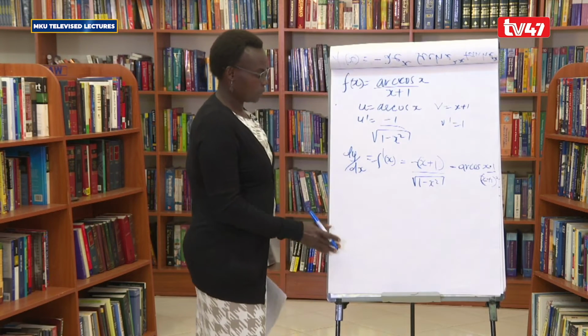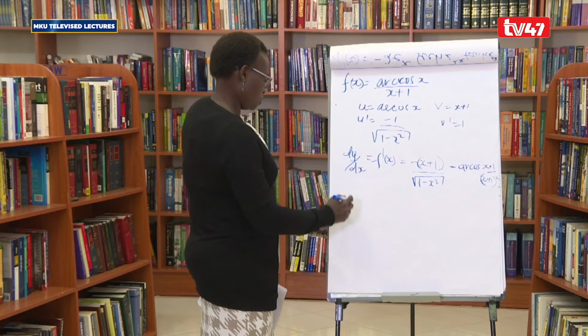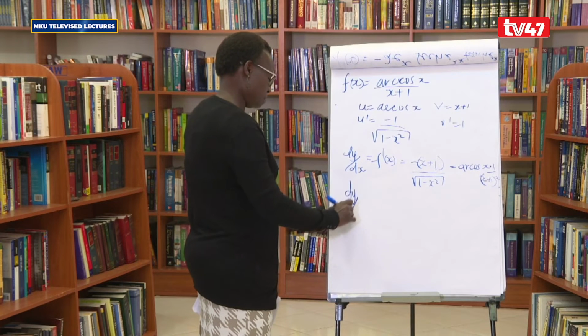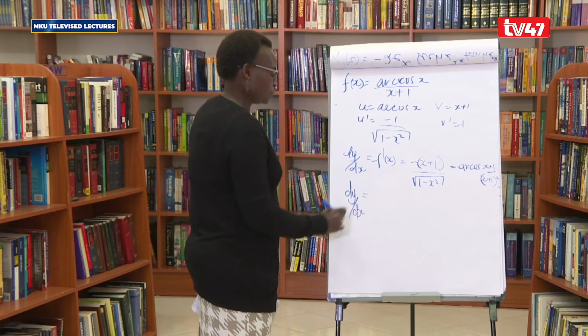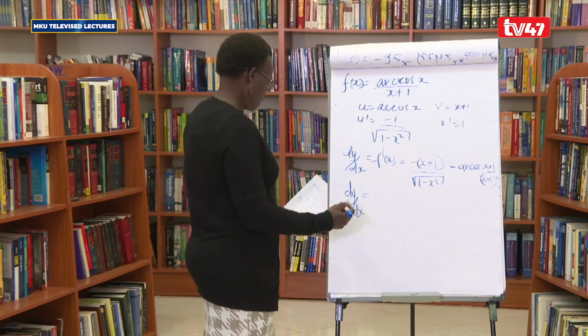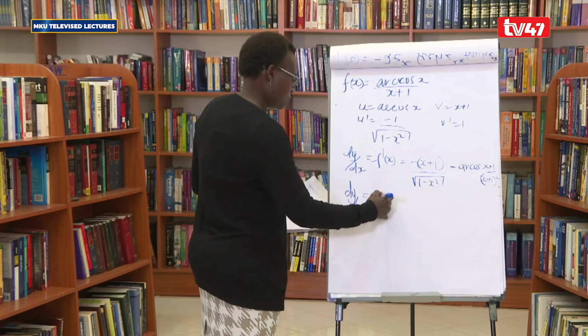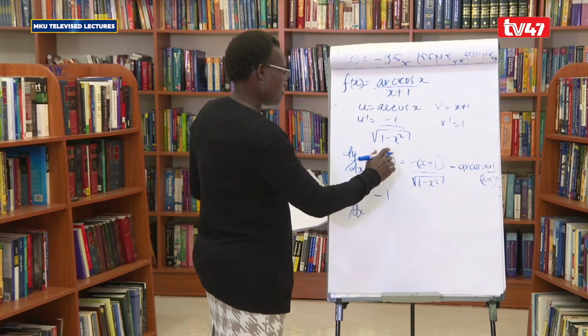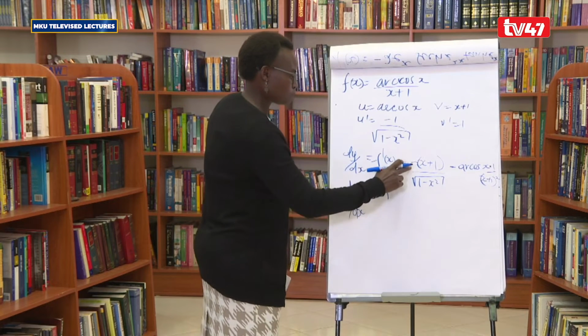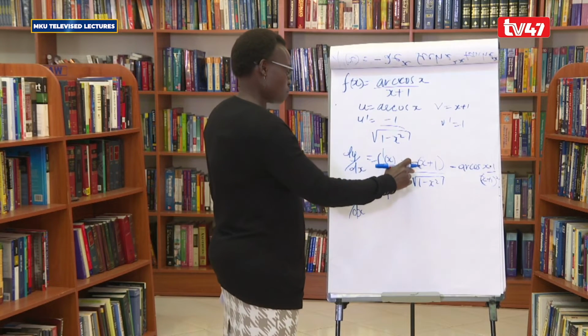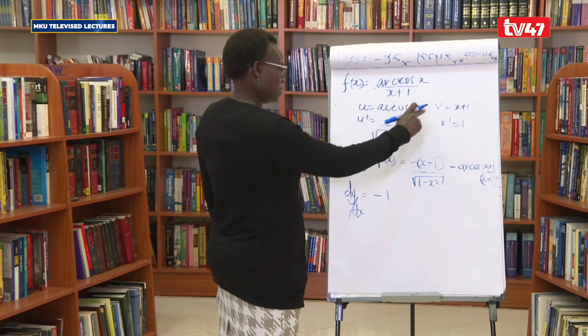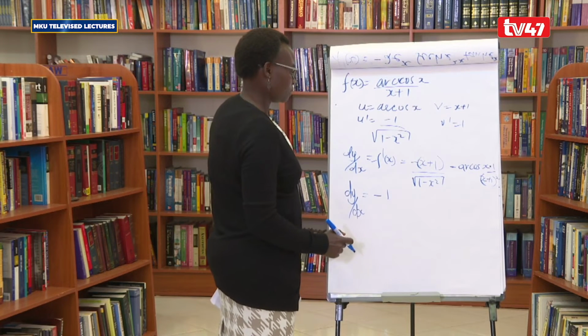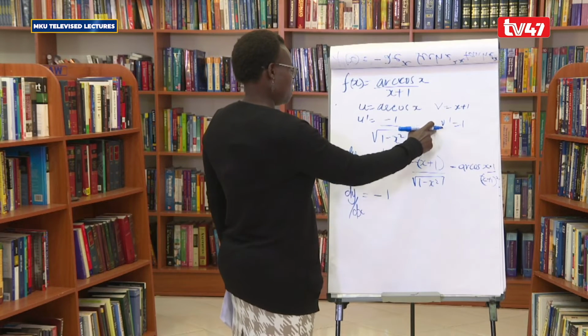My space is small there, so we can finish this up here or down here. So that would give us our derivative as negative 1. So this is u bar v, and then minus v bar u.